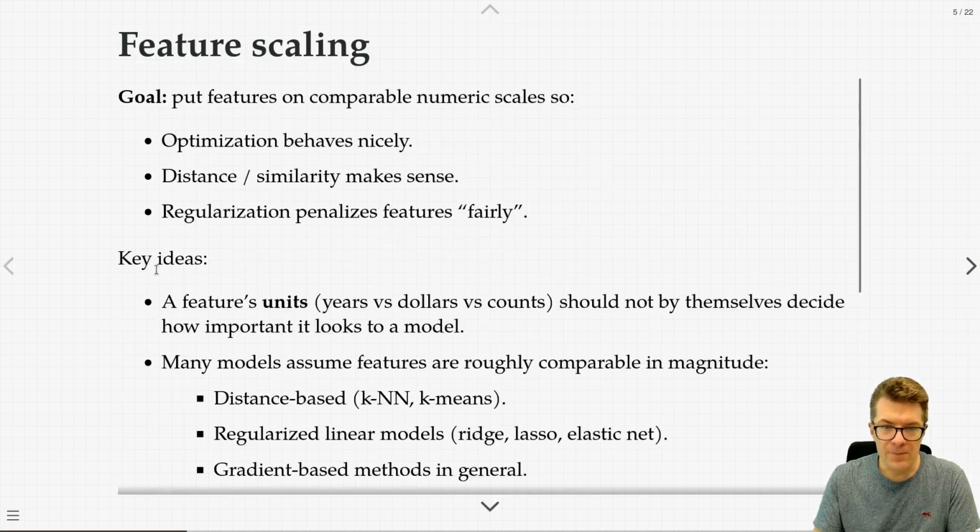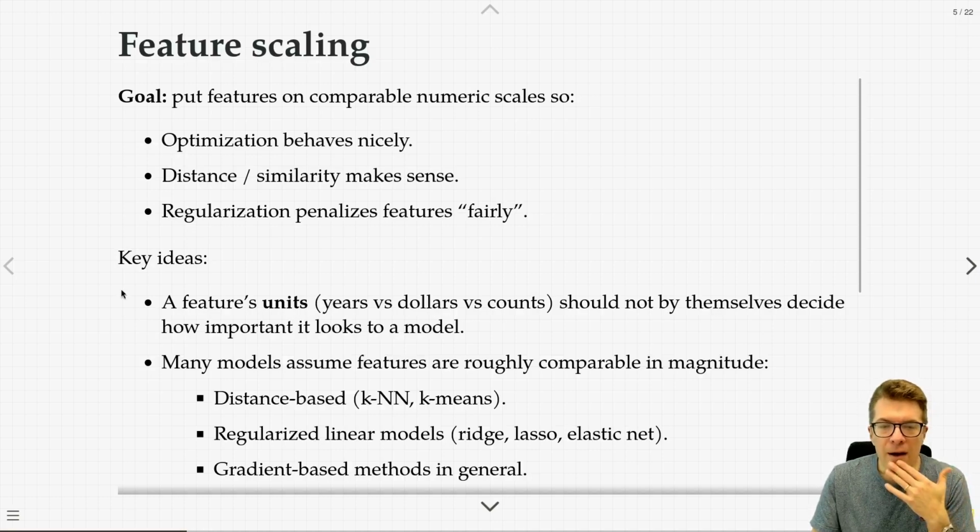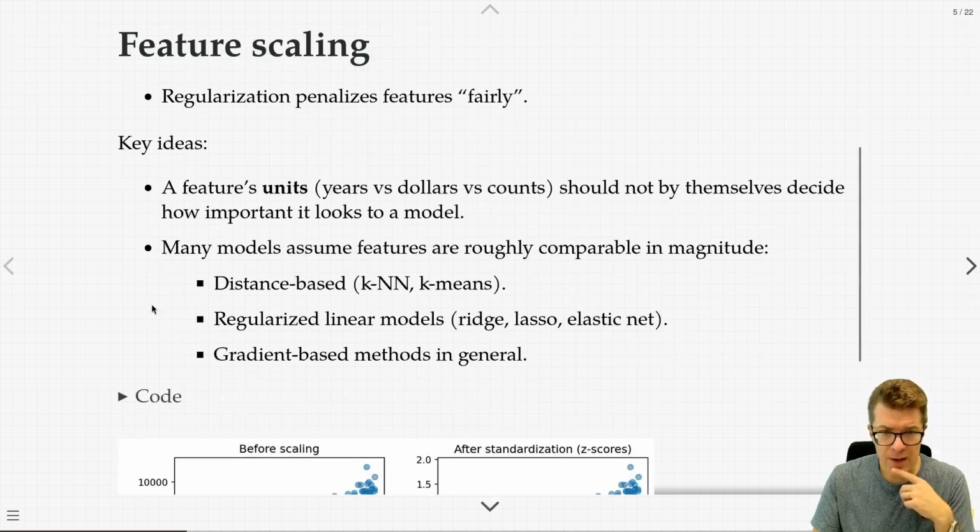So the key idea, going back to what we talked about in previous modules, is that the feature units, the mere fact that we're measuring one variable in years, another in dollars, another maybe in GPA, shouldn't by themselves influence the model in undue ways.